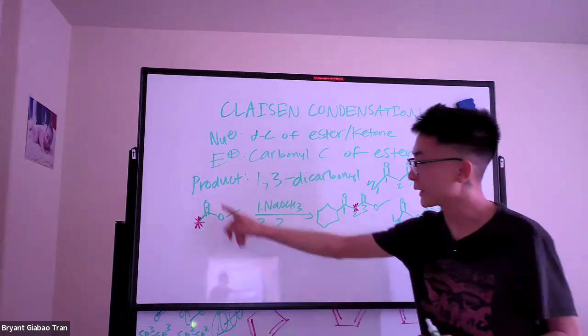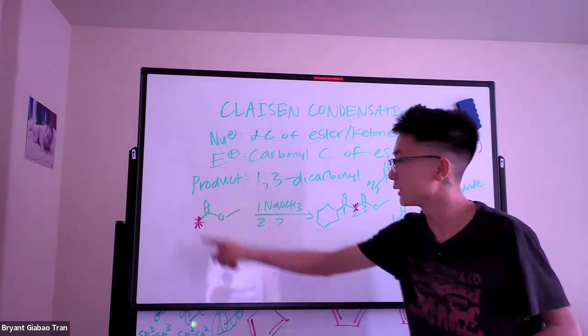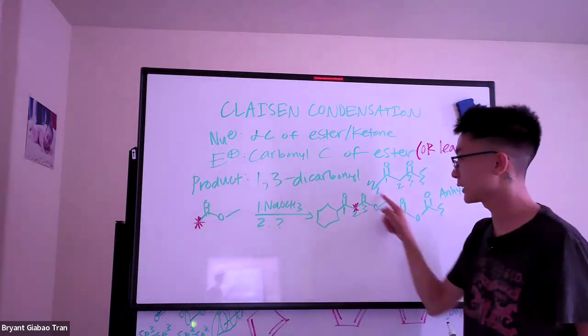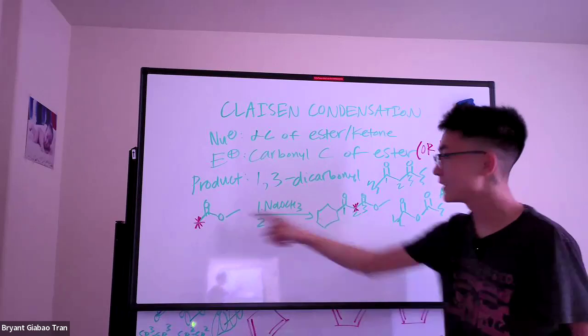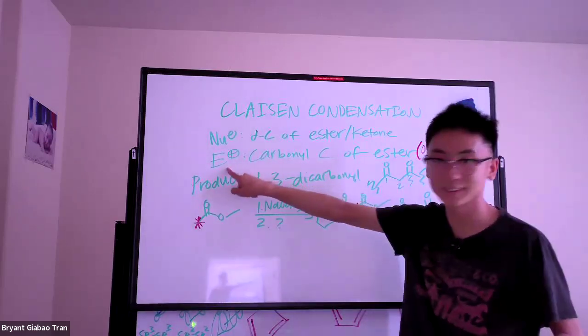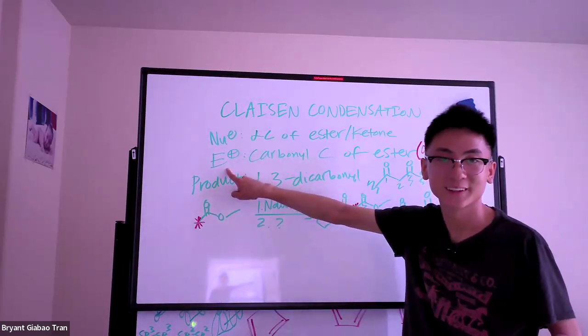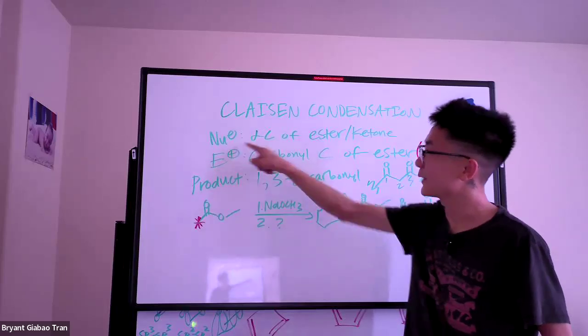But you notice how this part right here of the reactant is this part right here of the product. You notice how the OR group did not leave, it stayed. If it did not leave, then we know that it's not the electrophile. Does that make sense so far? Yeah. Since it's not the electrophile, we know it's the nucleophile right here.